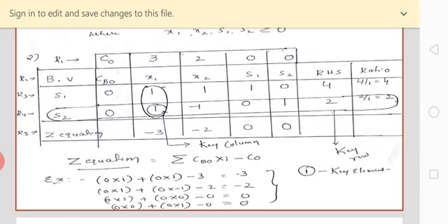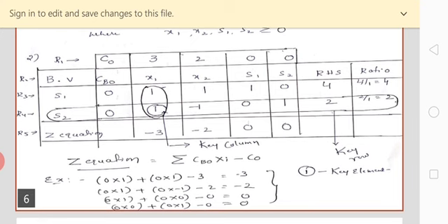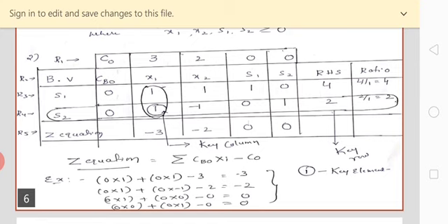After calculating the Z equation, if all the values are positive, then the solution is complete. Then you go for getting the value. Suppose you got negative values in the Z equation, then we need to go for further calculation. For further calculation, in the Z equation, you need to choose the maximum negative value.